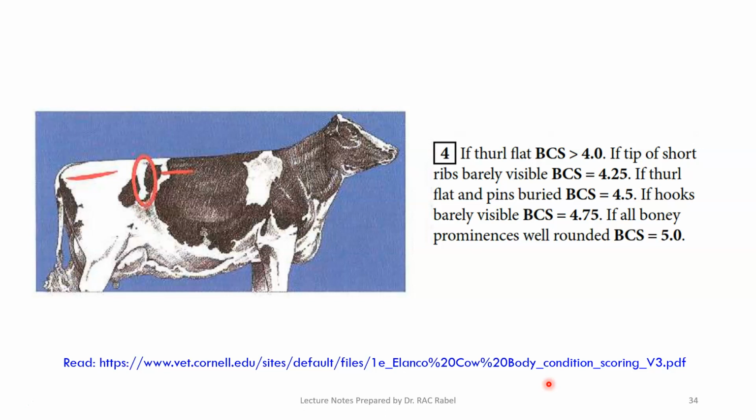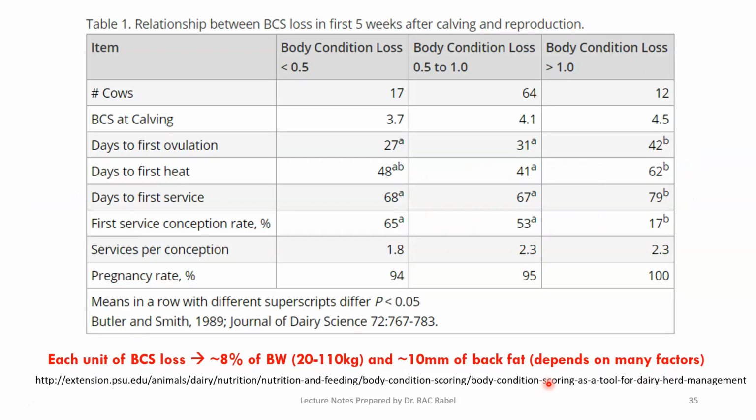If you cannot evaluate body condition score properly, you can't say whether this animal is being properly fed or not, or if something is going wrong. You cannot say any of that without being able to evaluate the body condition score properly. So this is a really important skill to develop.